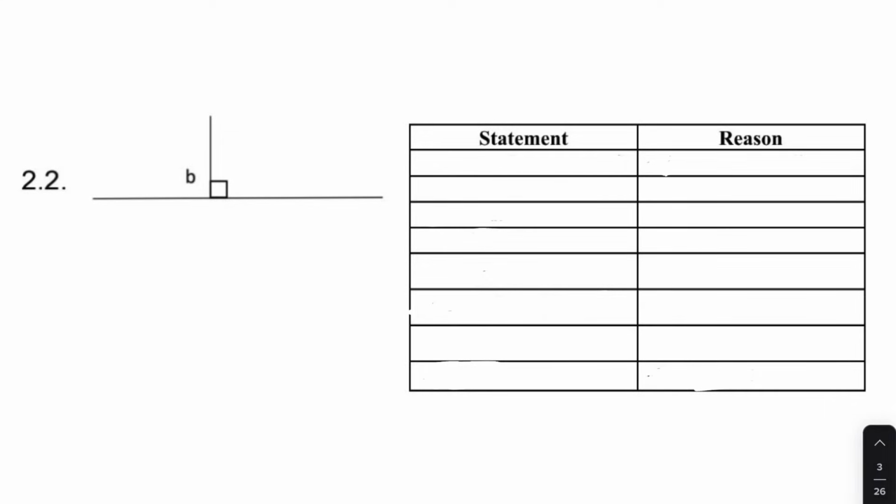Let's look at this question again. You have these lines A, B, C, D. If you look at the line ABC, ABC is perpendicular to the line BD. What do we mean by perpendicular?